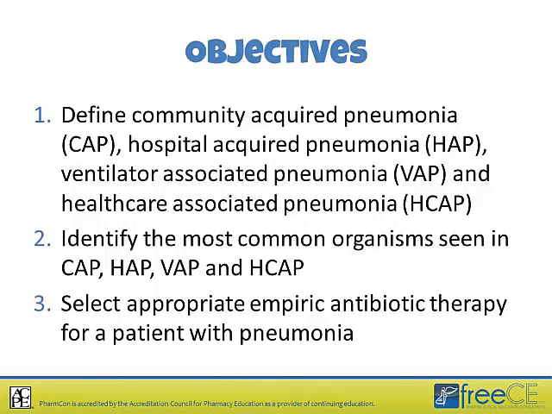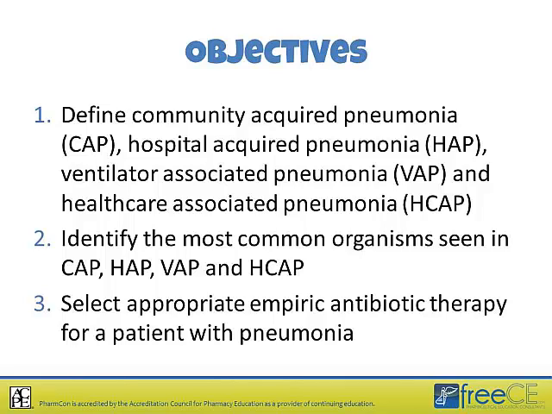Our objectives by the end of our time together are that first you should be able to define each of the different types of pneumonia, including community-acquired pneumonia, hospital-acquired pneumonia, ventilator-associated pneumonia, and healthcare-associated pneumonia. And I have each of the acronyms associated with those pneumonias listed up there as well for you. These definitions are really the key in terms of moving on to our next objectives, to be able to identify the most common organisms seen in each of these types of pneumonias.